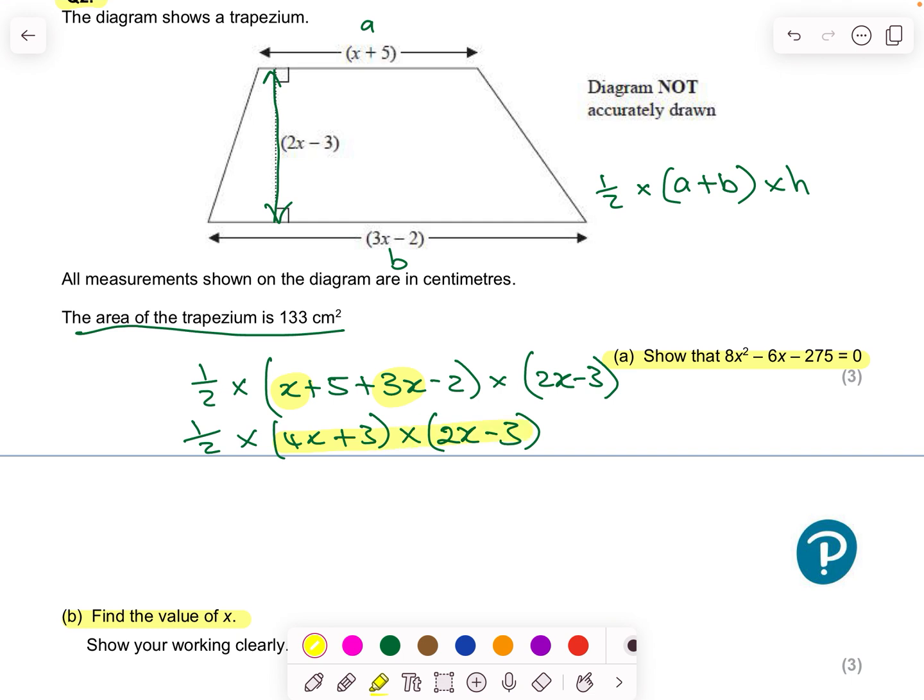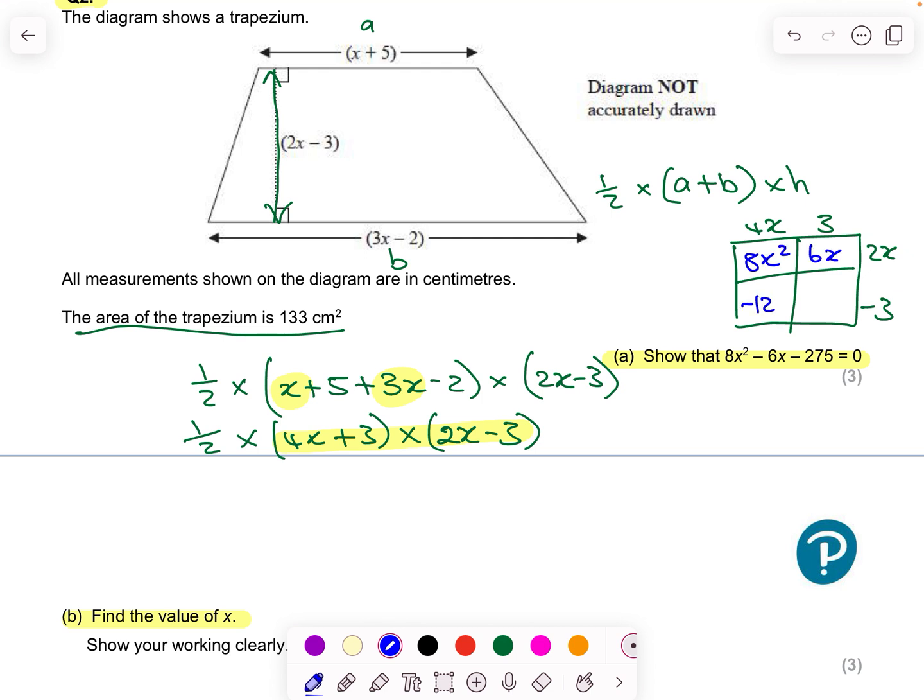So I am going to draw my grid. I'll just draw it here. And I'm going to work out what 4x plus 3 times 2x minus 3 is. Fill it in. That's 8x squared, 6x, minus 12x, minus 9.